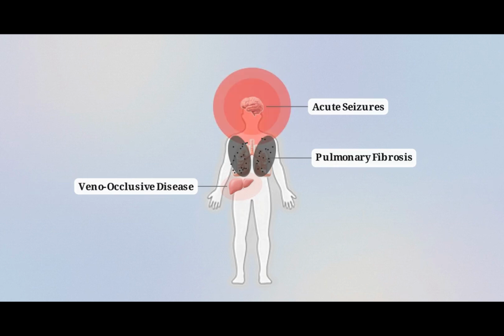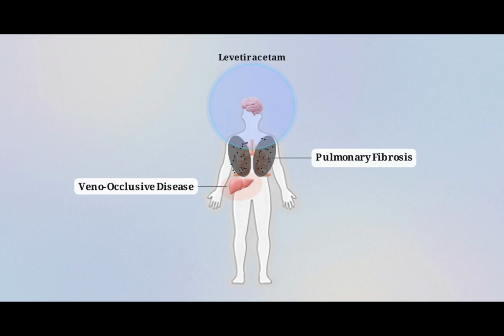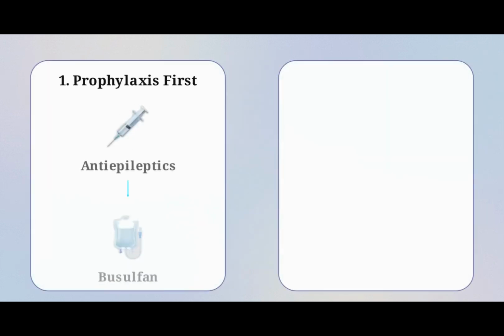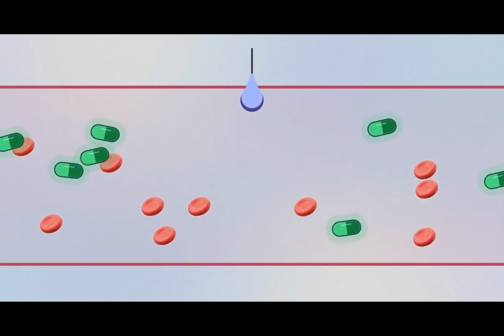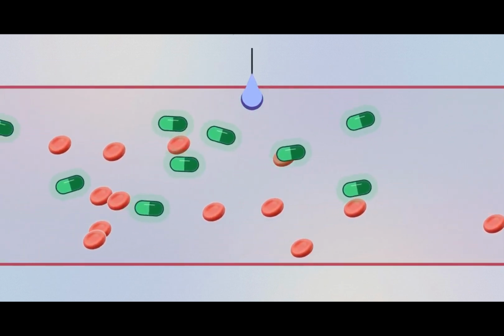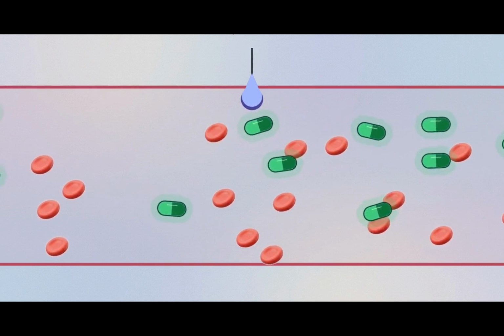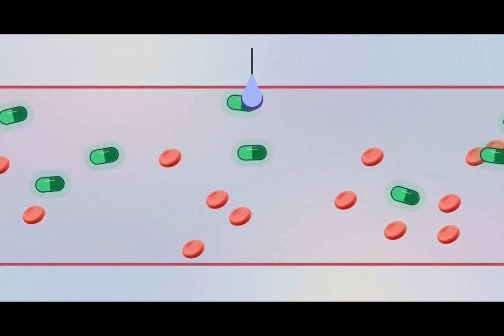Because these seizures are so predictable, prophylactic anti-epileptics, such as levetiracetam, are mandatory. They must be administered prior to the Busulfan infusion. Additionally, clinicians must avoid any concurrent drugs that lower the patient's seizure threshold. Safely managing Busulfan requires anticipating and chemically blocking this collateral damage before the very first drop enters the patient's bloodstream.